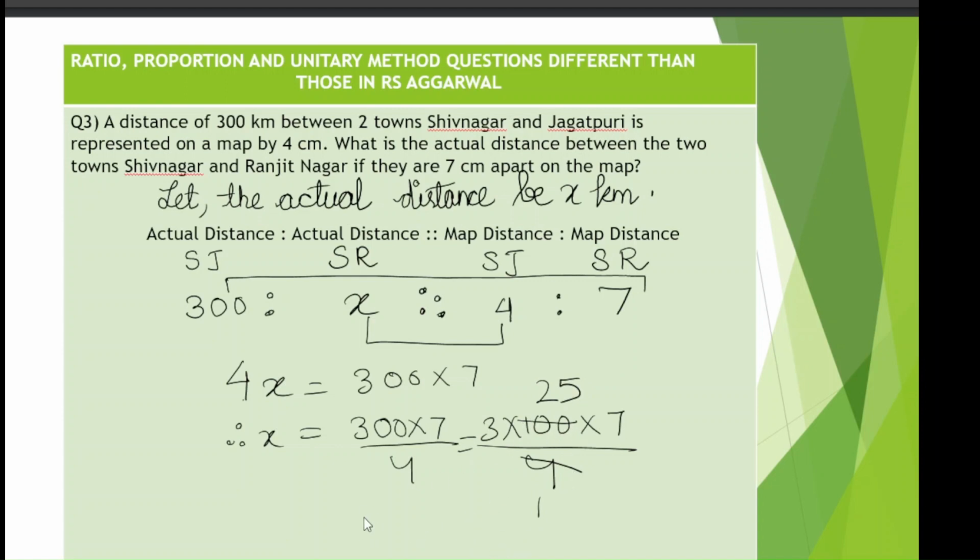So what remains is 3 into 25. If I multiply 3 into 25, what will it become? 75. 75 multiplied by 7. 7 5s are 35 and 7 7s are 49. 49 plus 3 that had got carried over, 49 plus 3 will be 52, so 525 kilometers. So the actual distance between Shivnagar and Ranjit Nagar is nothing but 525 kilometers.